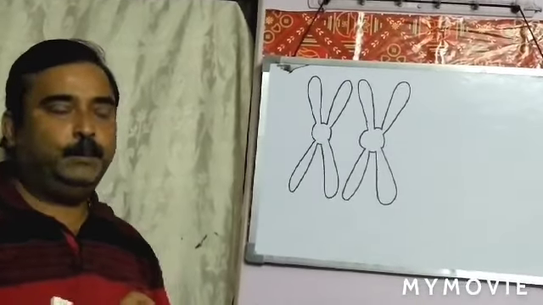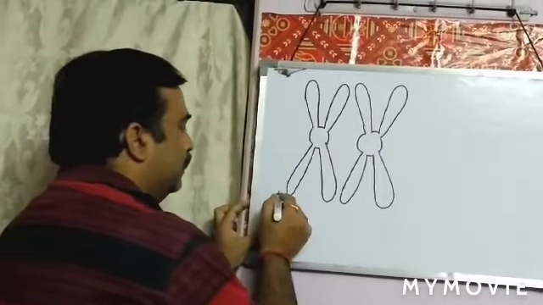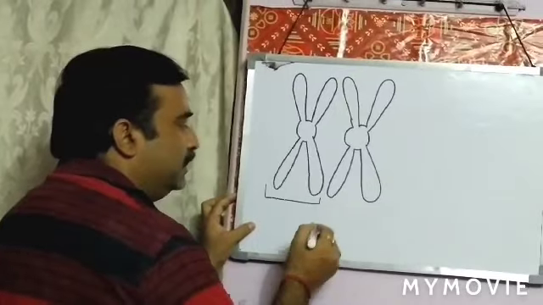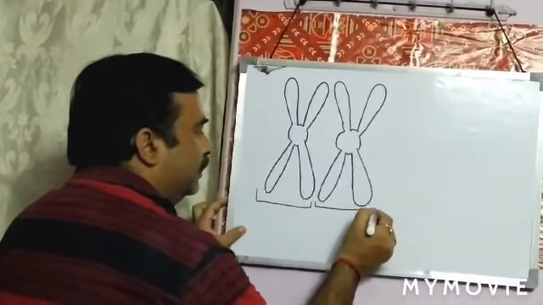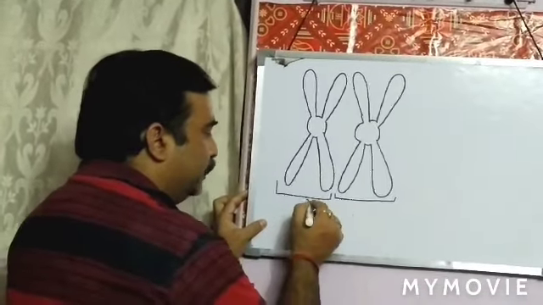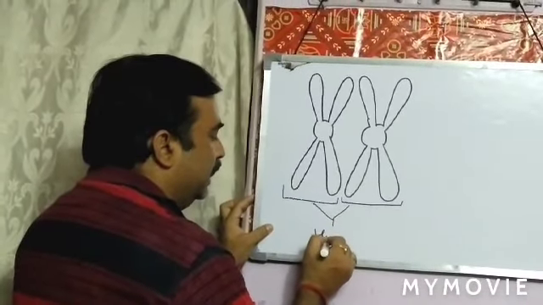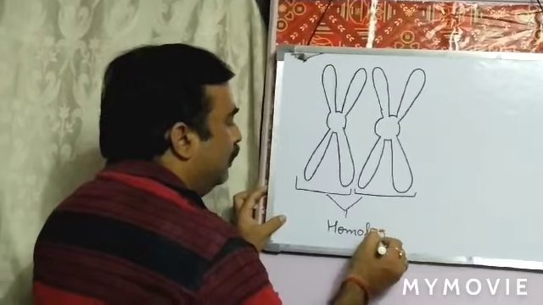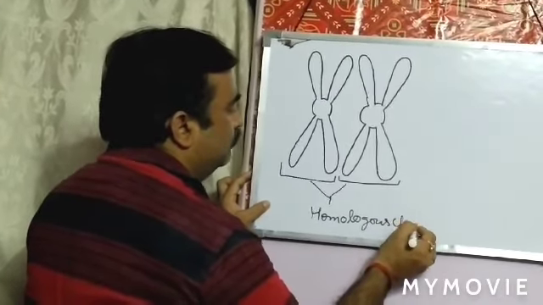So a pair of chromosomes in which one is paternal and another is maternal is considered a homologous chromosome.